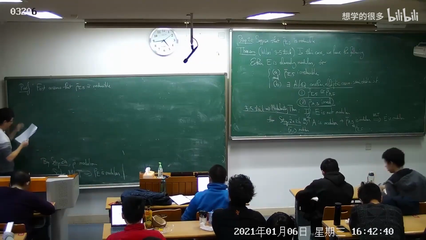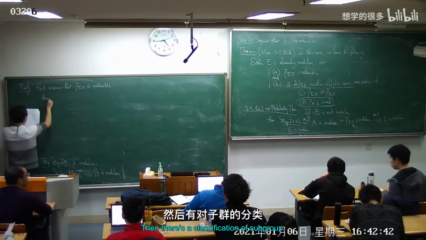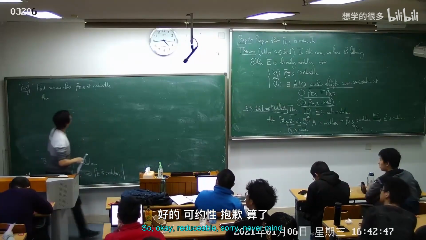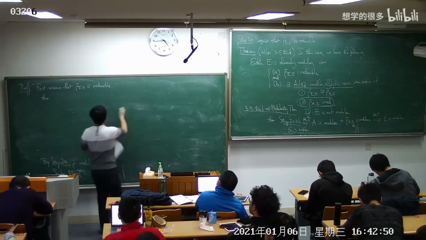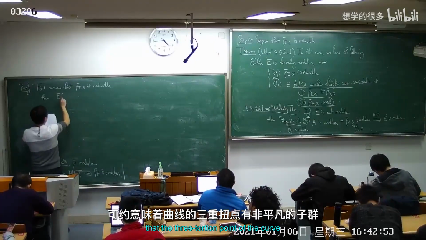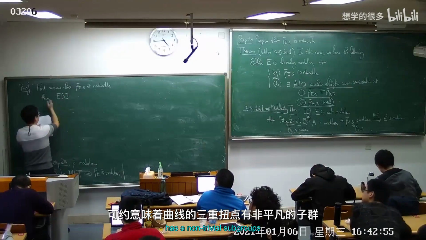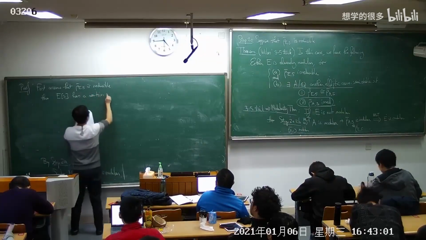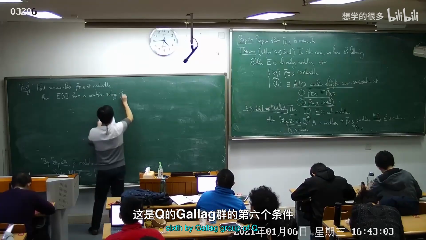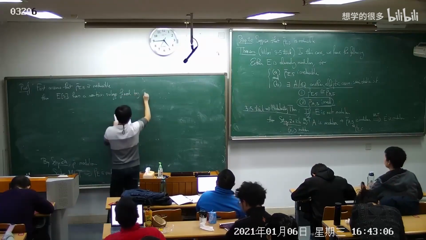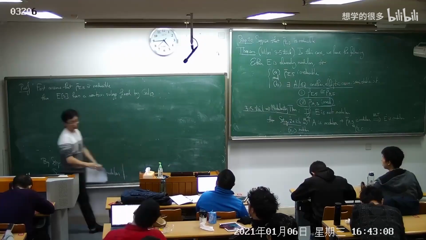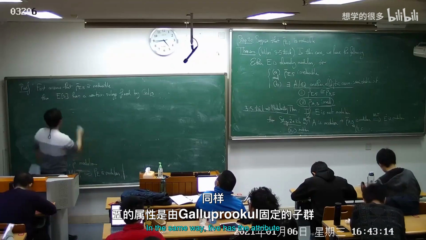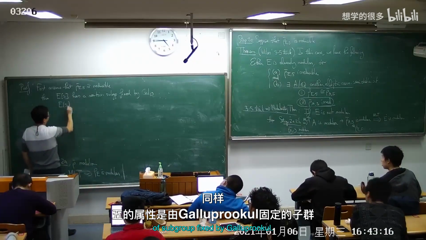Reducible meaning that the 3 torsion point of the curve has a non-trivial subgroup fixed by the Galois group of Q. I already assumed that rho bar E,3 is reducible. In the same way, E[5] has a non-trivial subgroup fixed by the Galois group of Q.